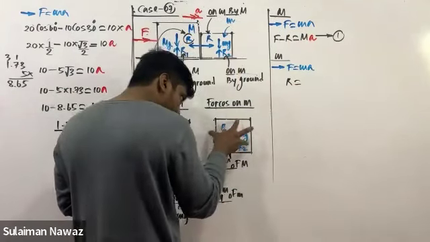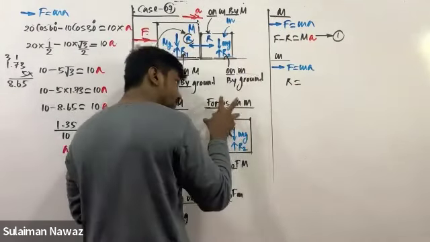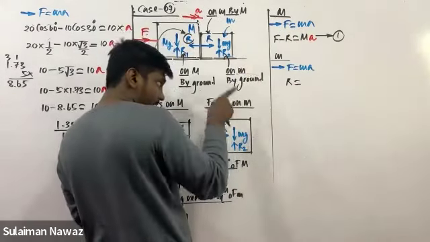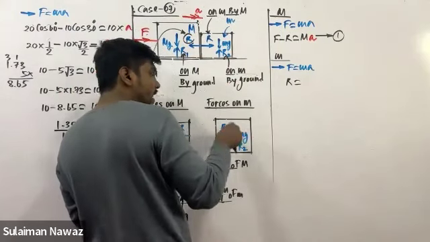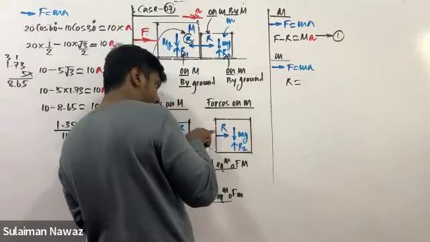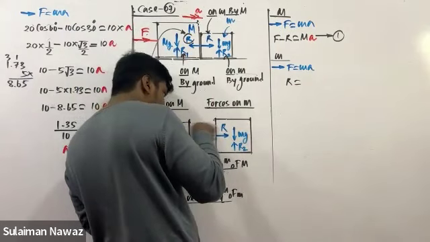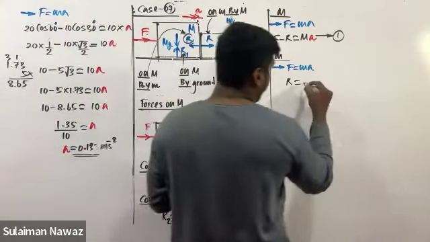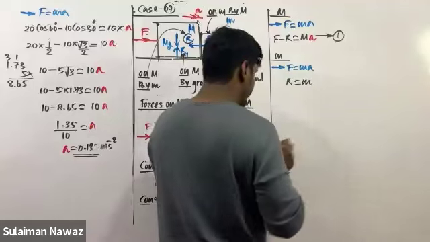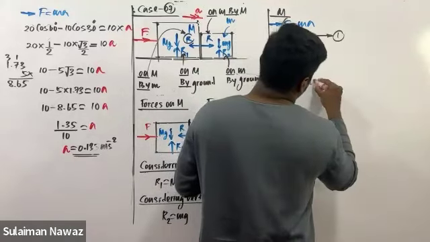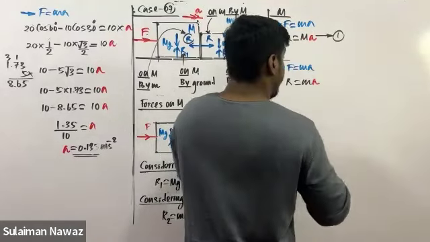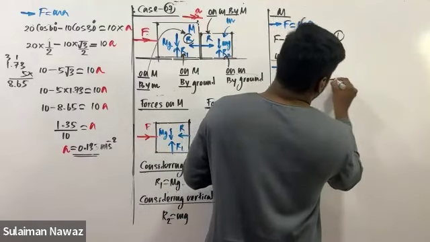We don't consider vertical forces. So R equals the mass of small m times the acceleration. This is the second equation.